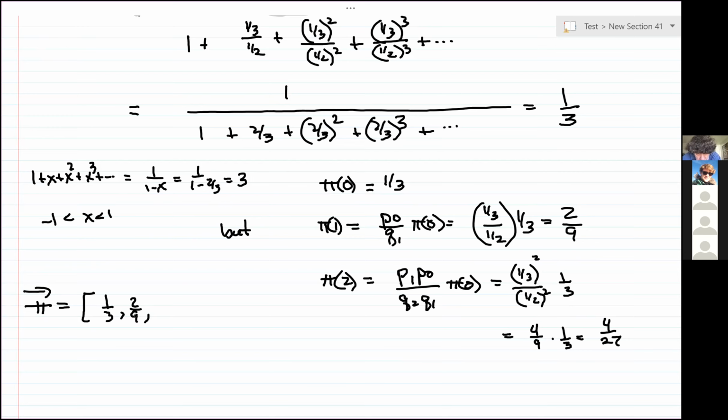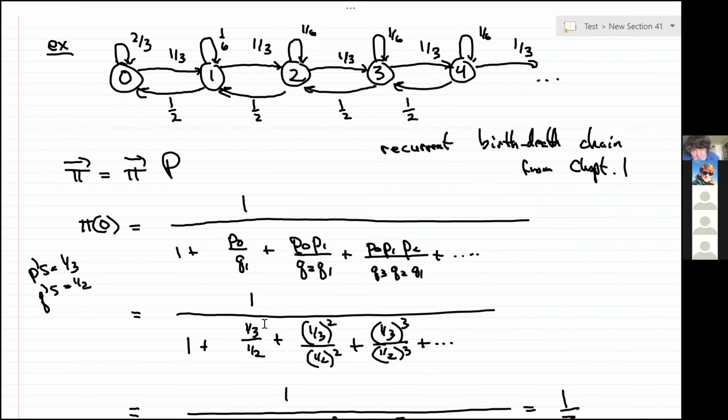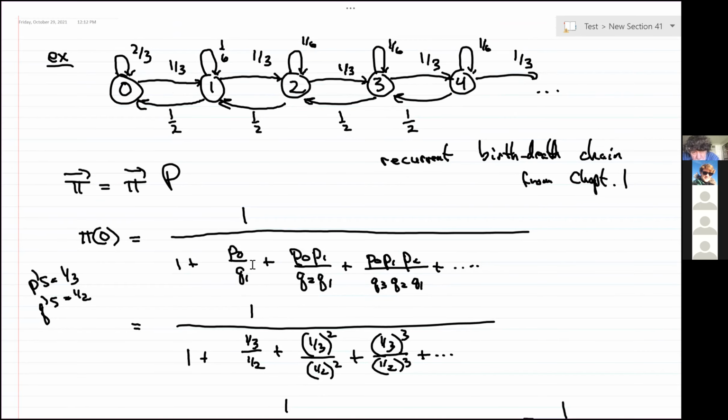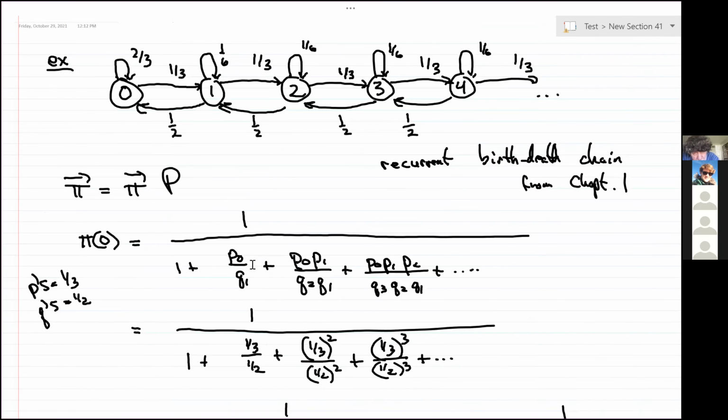Multiply this by another 2/3, so that's 4/27. Another 2/3, that would be 8/81. Another 2/3. Anyway, you get the idea. It's a geometric series. That would be the stationary distribution. So this is a direct application of the formula we did before during the class today.